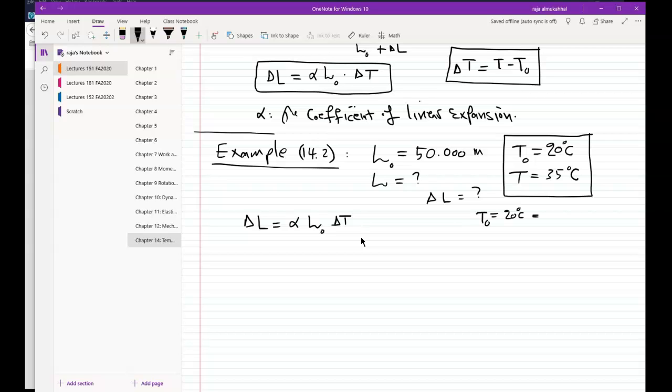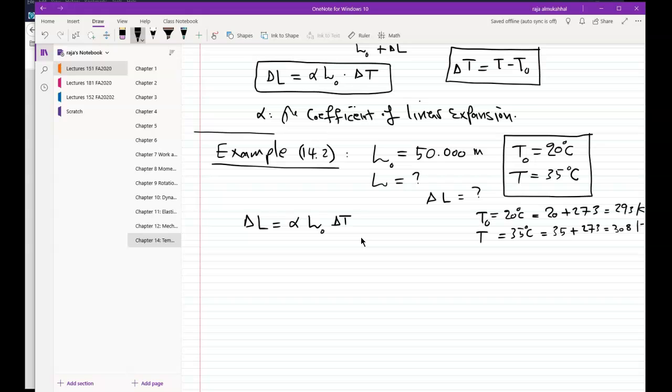So it's going to be 20 plus 273. And that gives me 293, correct? Kelvin. Now, the other temperature, 35. And I just add it up. So 273 plus 35, answer 308, okay?